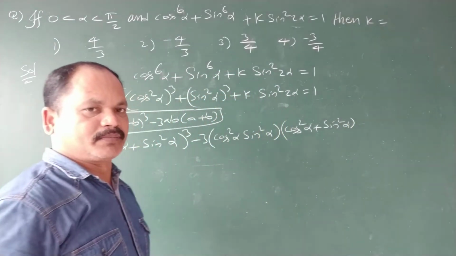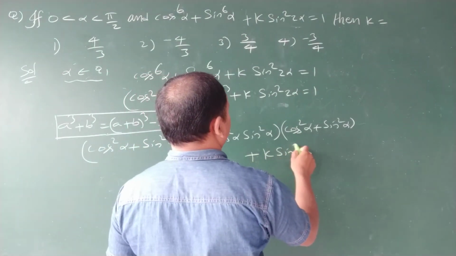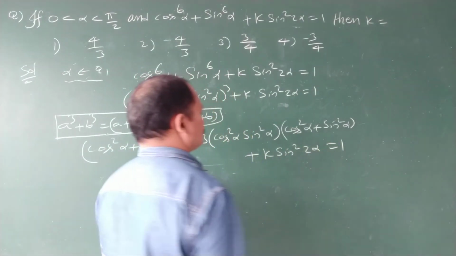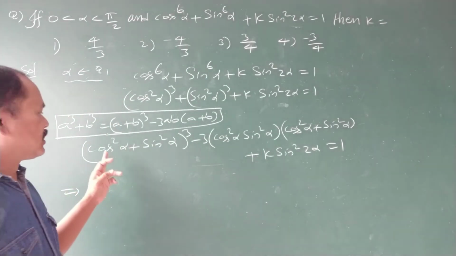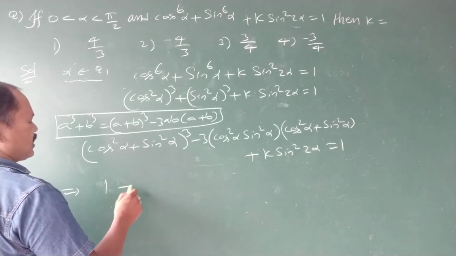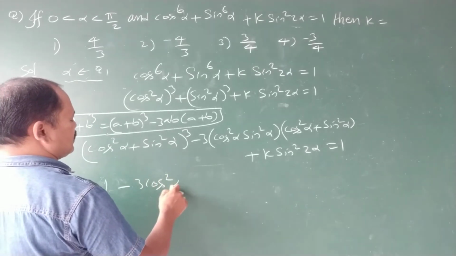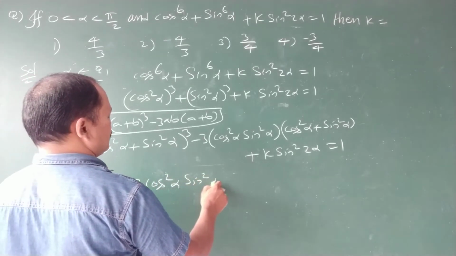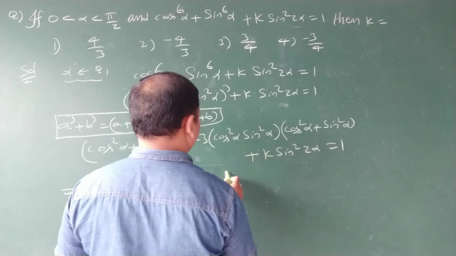Okay, plus k sin square 2 alpha is equal to 1. Now from the identity, cos square alpha plus sin square alpha is 1. So 1 cube is 1, minus 3 times cos square alpha sin square alpha into cos square alpha plus sin square alpha, which is 1 again.